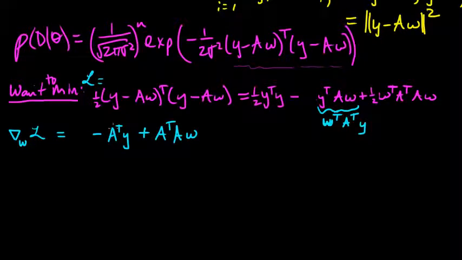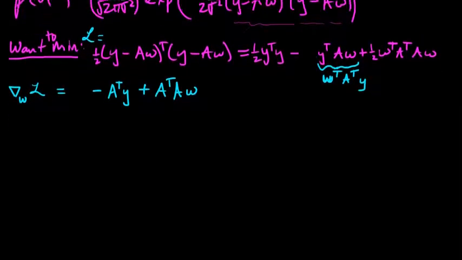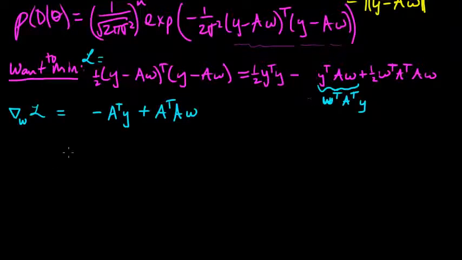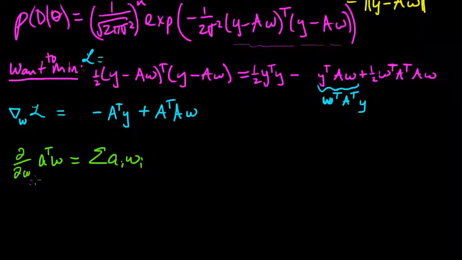So let's check those. I just claimed that this gradient is equal to that, and let's verify it with a little calculation. If we have a vector A and take the dot product with W, that's just the sum of A_i W_i. If we take the partial derivative with respect to W_j, we just get A_j.